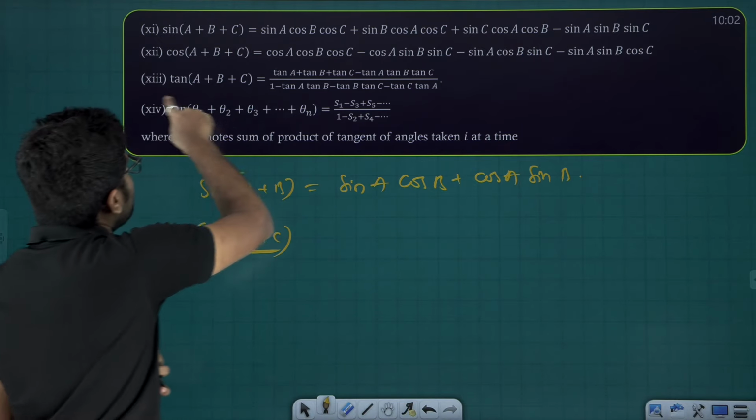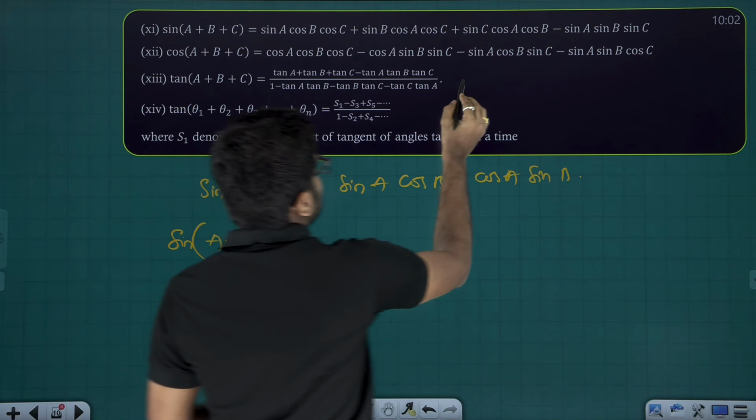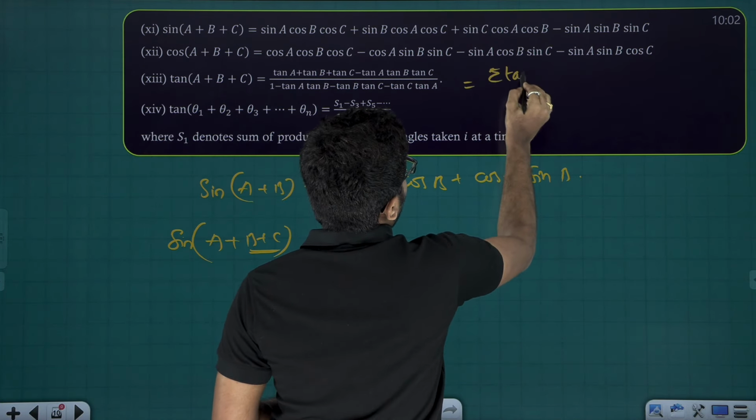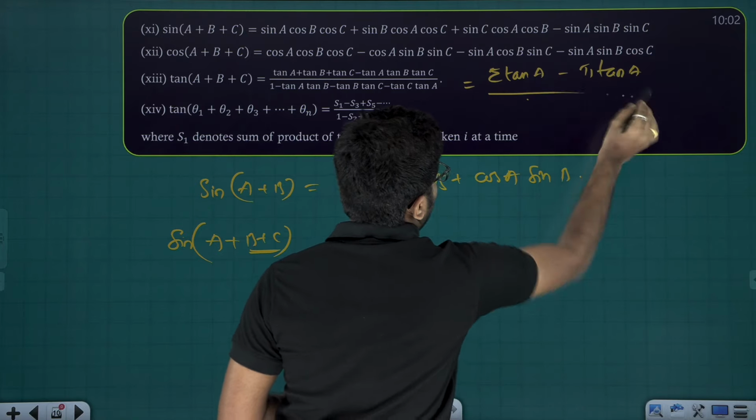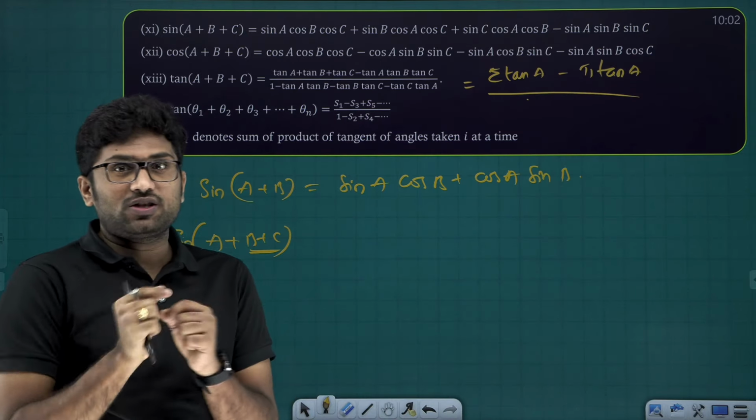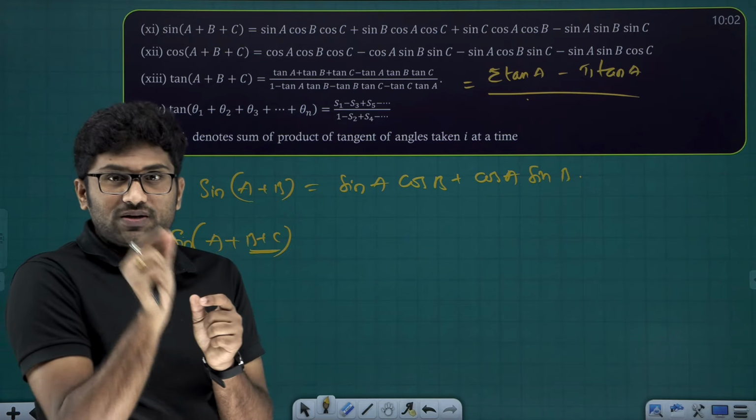Clear? Next, tan(A+B+C) can be written as sigma tan A minus pi tan A. Sigma means summation, pi means product. Pi means not the number, friends. Pi is a function.